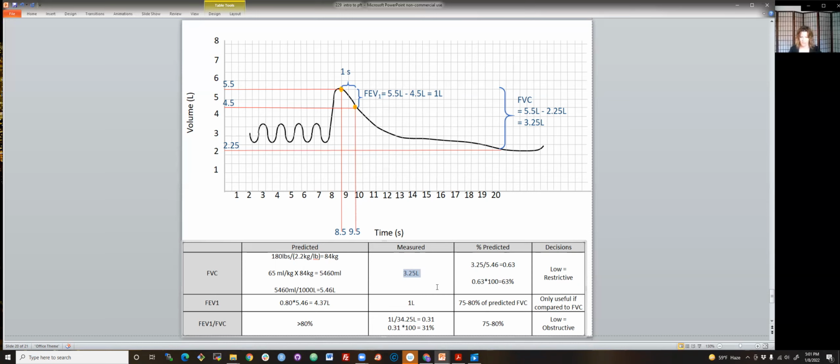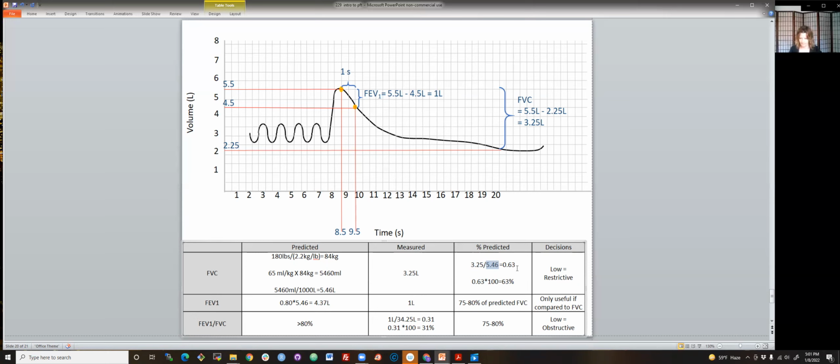Well, the percent predicted is calculated by taking what was actually measured, what you actually performed, and that's 3.25 liters right here, and then divided by your predicted, which was 5.46. So if we divide 3.25 by 5.46, that gives us, oh, there should be a point right here.